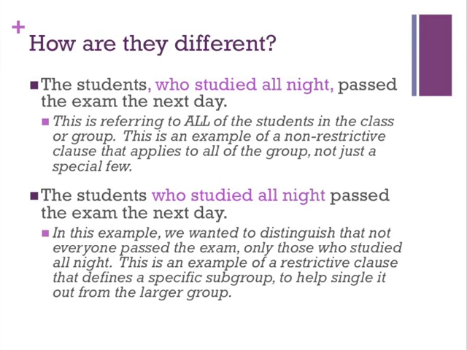So in this case, what you're doing is you're making this group a more specific group within a larger group. So again, for example, this circle represents the larger group. This group might represent only a small part or perhaps even half, depending on how big the group is. So in this case, what you're doing in the second example is probably creating two different groups, those who studied, those who didn't.